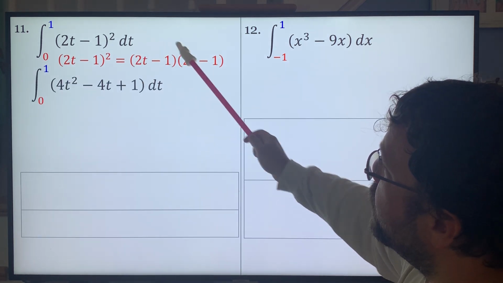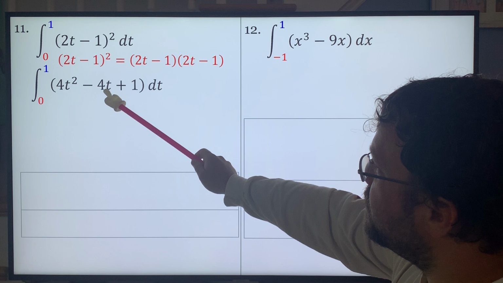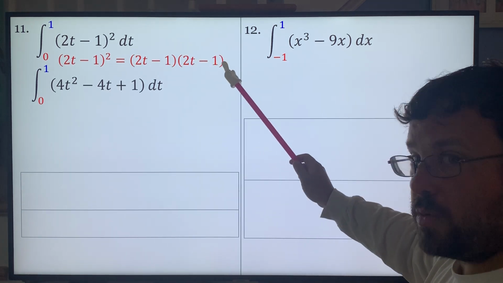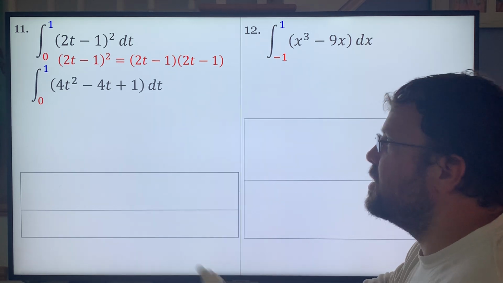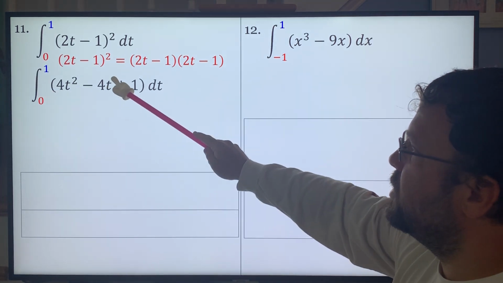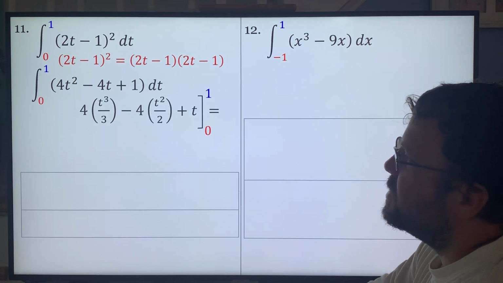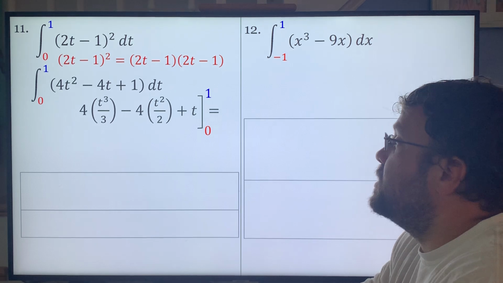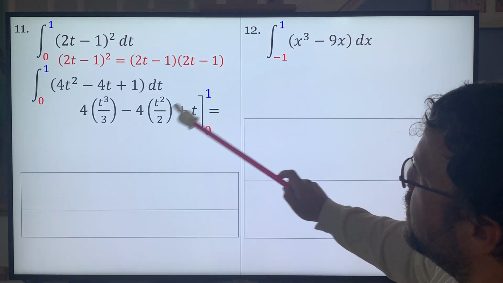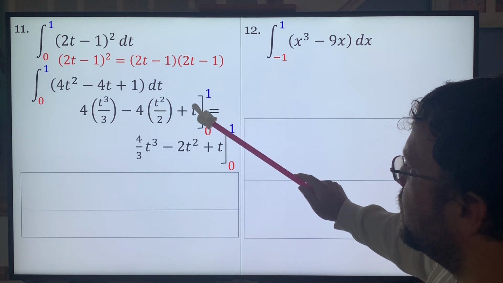This becomes 4t squared minus 2t minus 2t, which is your minus 4t, plus 1. And now you integrate it. That's why this was lower. All right, so 3, 2, t, and notice dt and t. So you got 4 times t cubed over 3 minus 4 times t squared over 2 plus t from 0 to 1. 4/3, negative 4 halves is negative 2, plus t.